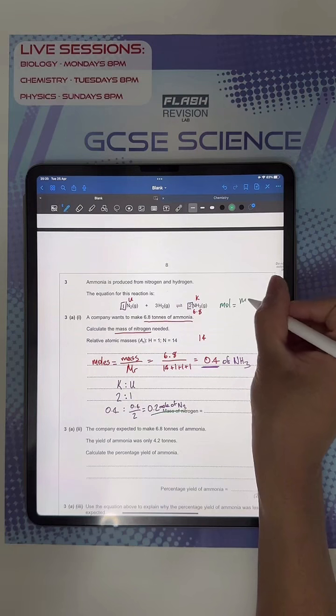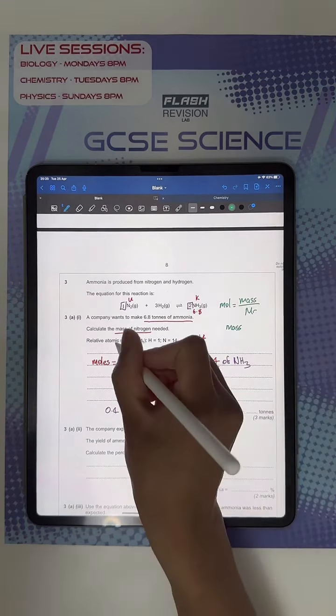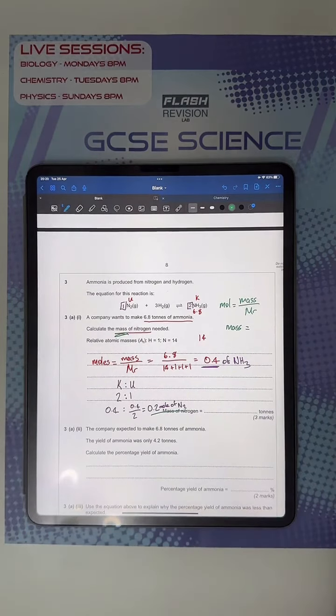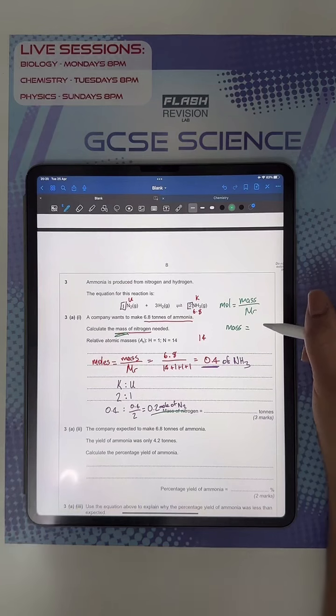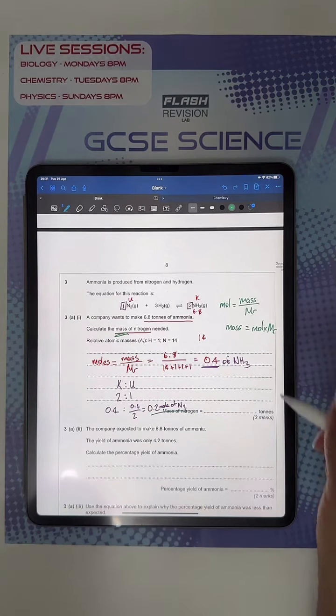Moles is equal to mass over Mr. You want to make mass the subject because that's what we're trying to work out. So mass equals moles times Mr.